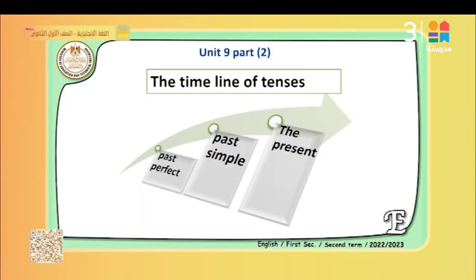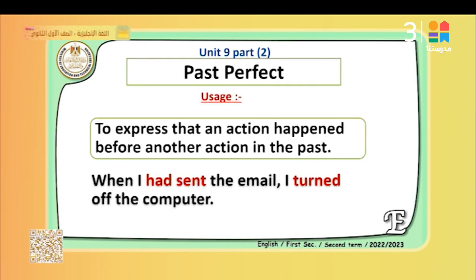Before I came, I had done. So there is an action, I came to school, and before that, I had done exercise. So here we have the sequence of tenses on the timeline. Which comes first in the past? The past perfect comes first, then the past simple, then the present.